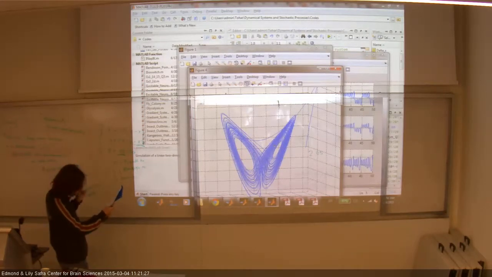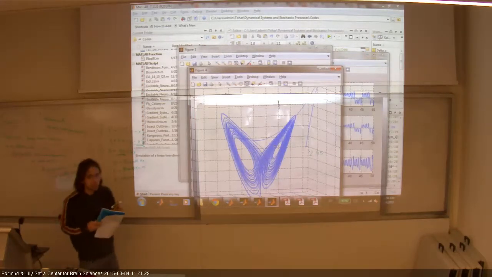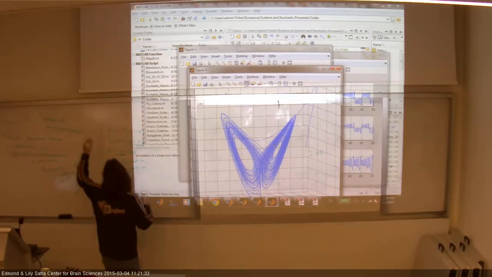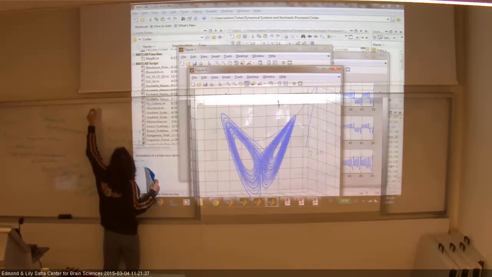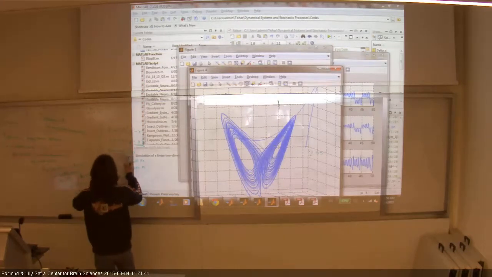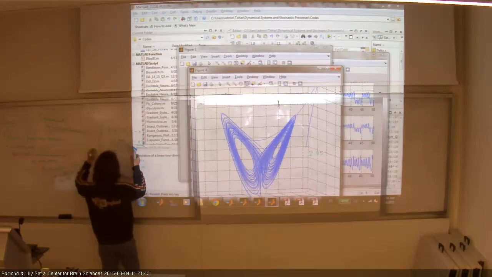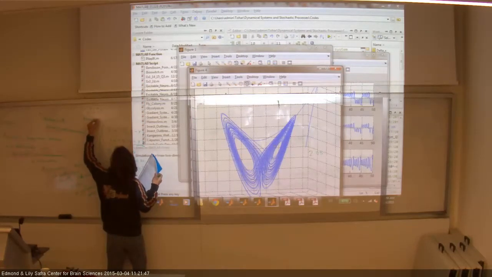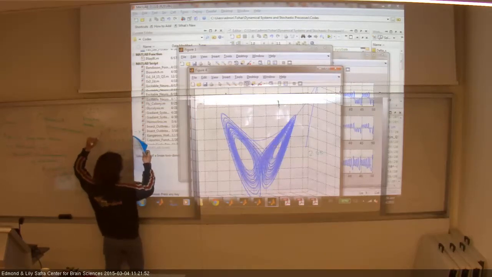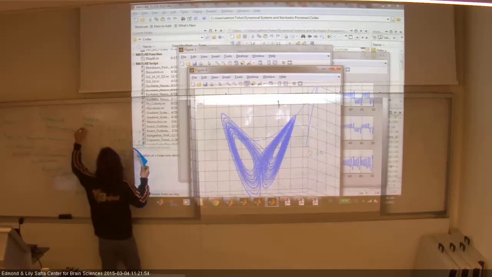Okay, and sensitive dependence on initial conditions means, I don't have space, so I'll write it like this. Sensitive dependence on initial conditions means that nearby trajectories separate exponentially fast.